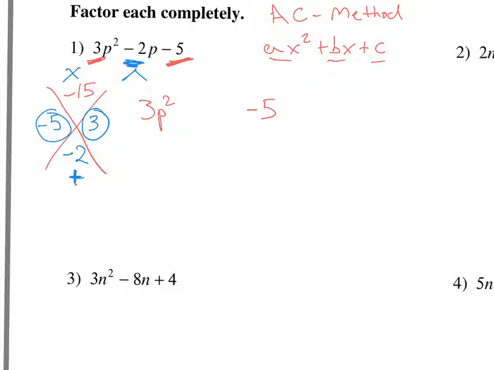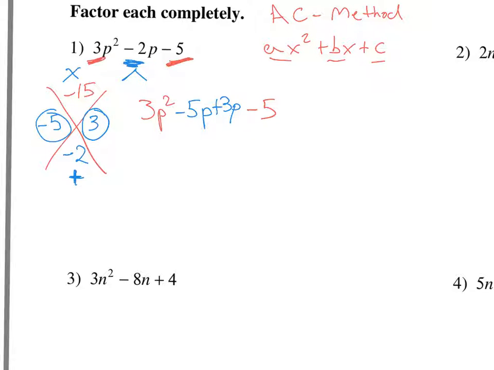And guess what those two new terms are? You guessed it: negative 5p and 3p. Whatever those two factors were that you found, that's what replaces that middle term, the negative 2p. And of course, when you add those two, you get that negative 2p.